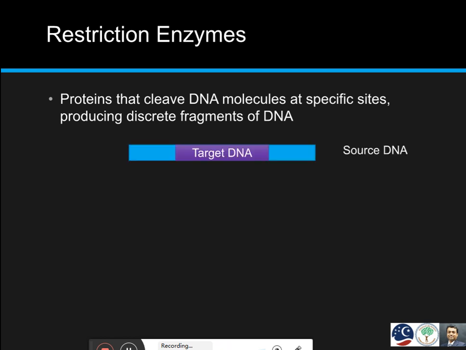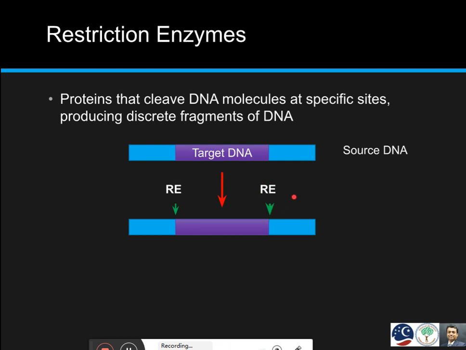DNA. So here, say for example, this is the target DNA inside our whole source DNA. When this is subjected to restriction enzyme treatment, these are the restriction enzymes specifically selected for these two ends.